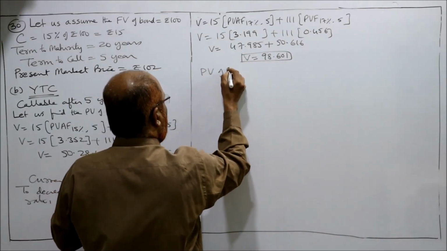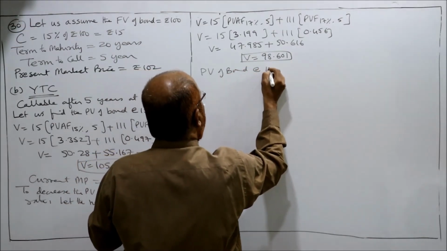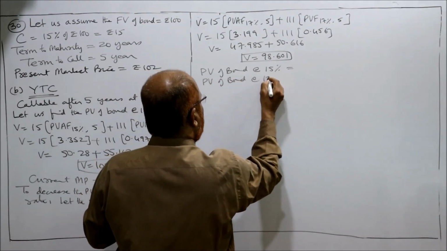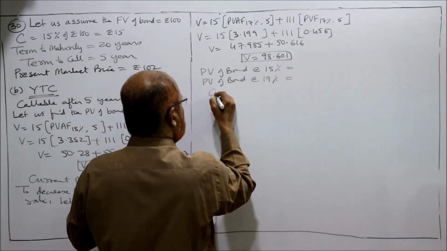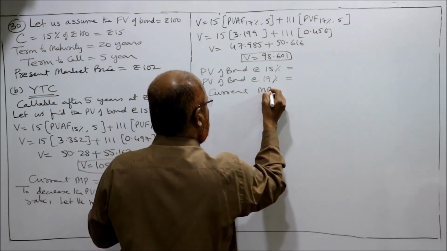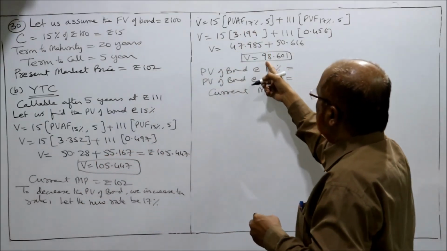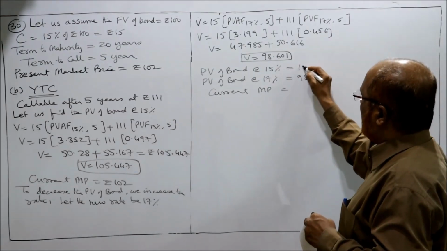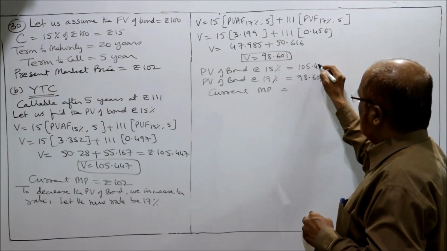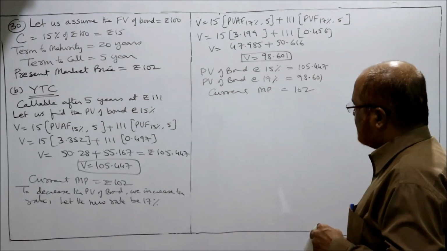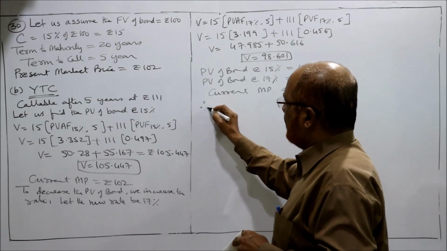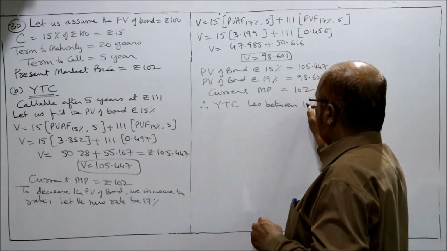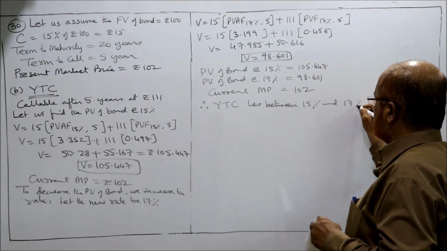So present value of bond at the rate of 15% and at the rate of 17%. तो 17% से आ गया 98.601, 15% से 105.447. Current market price is 102. Therefore, YTC lies between 15% and 17%.